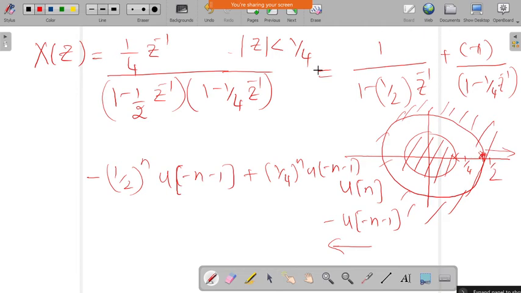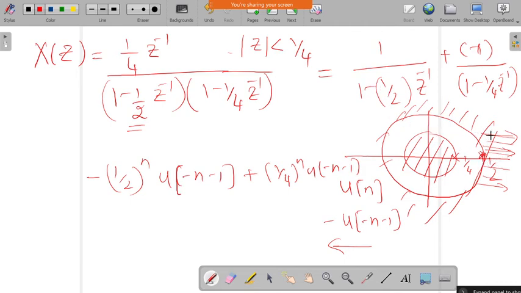Here the highest pole value we have is half. So if it is a right sided sequence, it is greater than the highest pole region, and that is the ROC. Since in the earlier case the ROC is given as Z greater than half, we consider that a right sided sequence. Is it clear? Yes, sir. If you go through the properties of ROC, we will come to know.